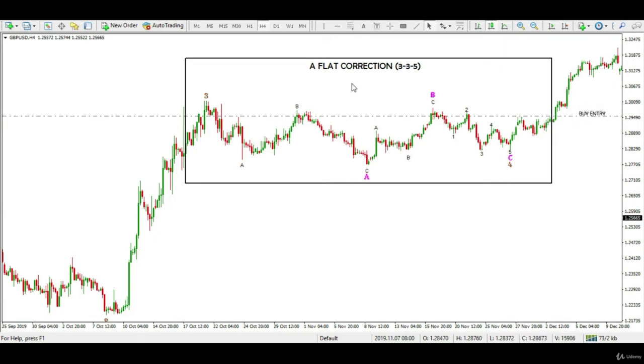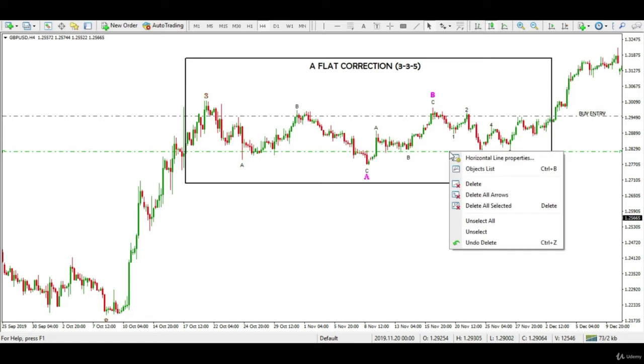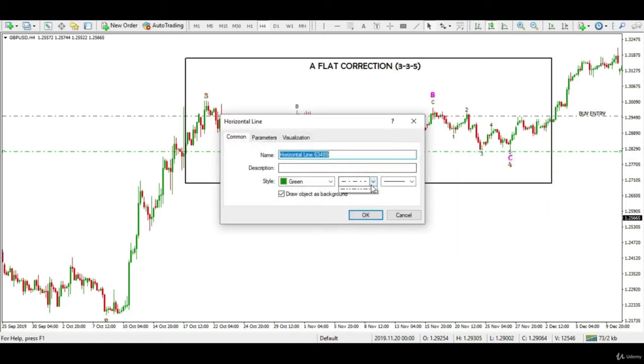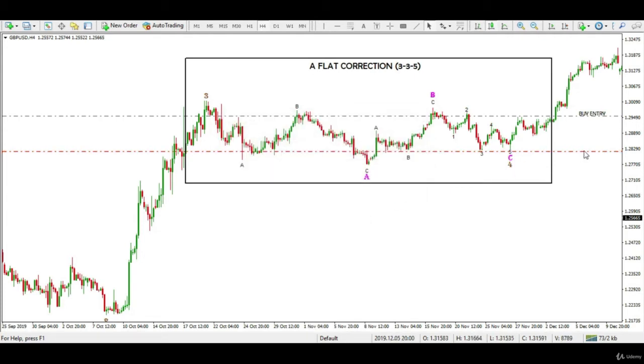When it comes to taking a position during a flat correction, the trick is to notice a 5-wave decline in the form of wave C and place a buy stop just above the first retracement after you're convinced that the correction is over. Stop loss is just below the low of wave 4 as you see here.